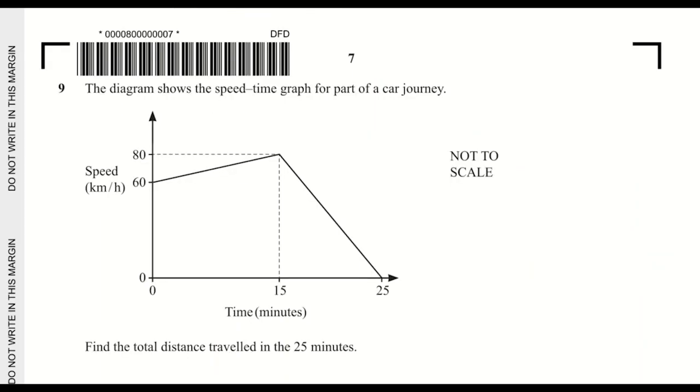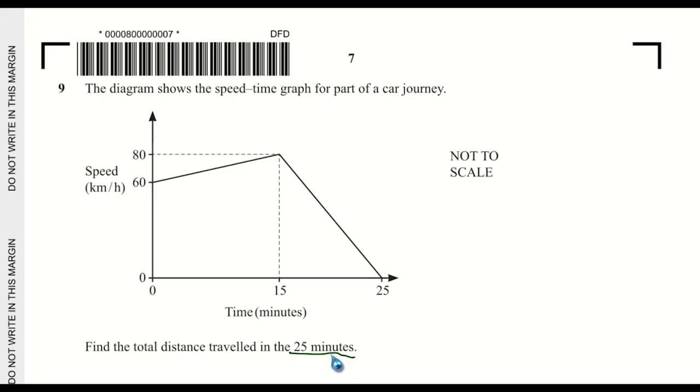Question 9. The diagram shows the speed-time graph for part of a car journey. Find the total distance traveled in the 25 minutes. What we need to do is firstly convert the units so that we have the same unit.